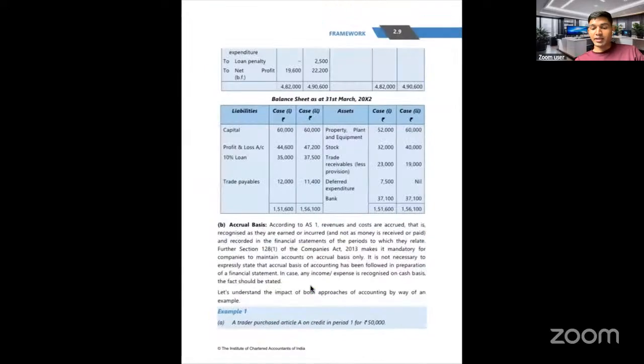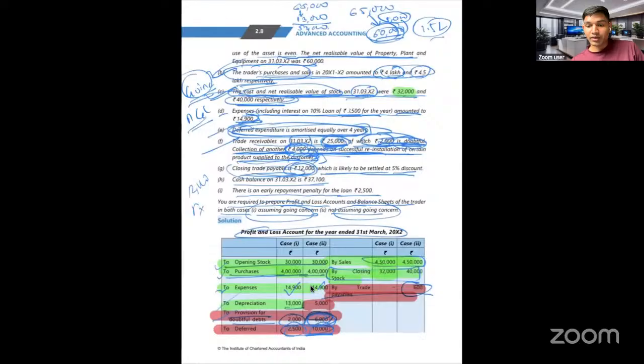Now we'll consider the loan penalty. Cash balance is a balance sheet item. There is an early repayment penalty for the loan of rupees 2,500, because if you are not operating, then we have to pay this penalty of rupees 2,500.